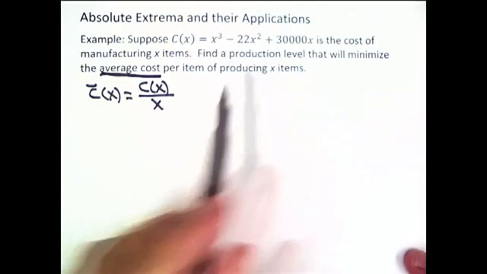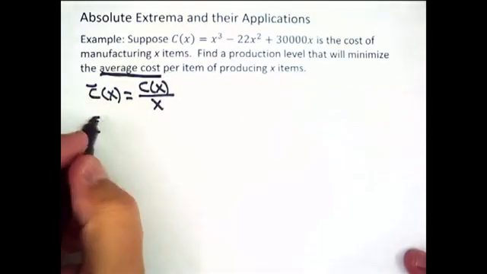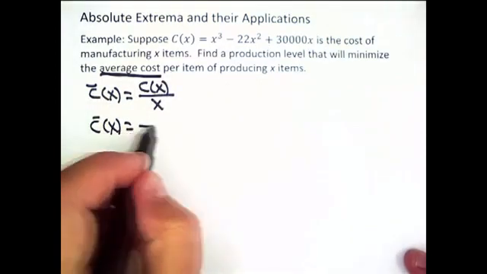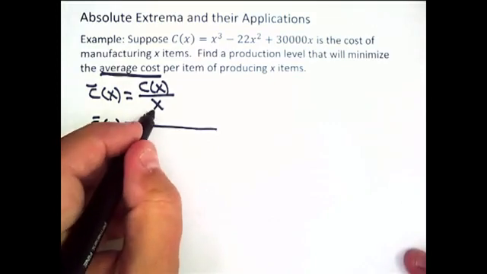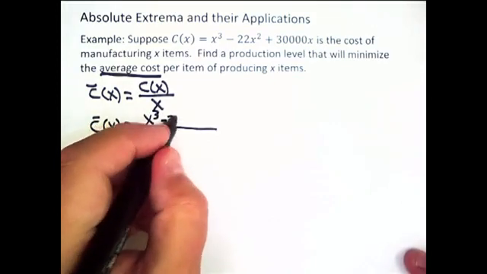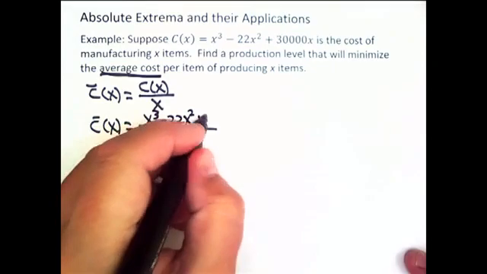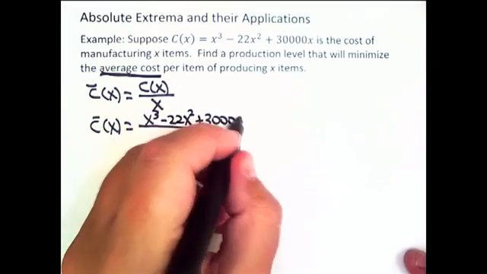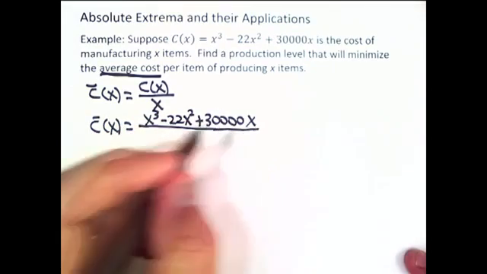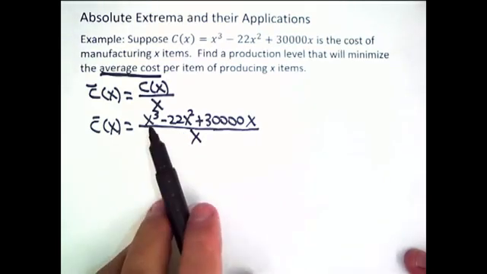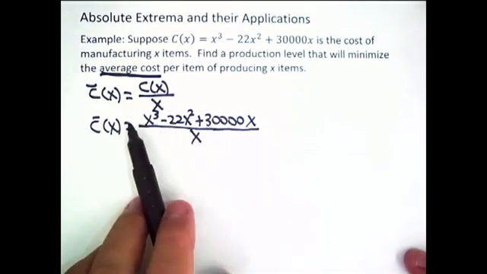Of course here, C of x is this polynomial x cubed minus 22x squared plus 30,000x divided by x. Now notice there's an x in everything in the numerator.